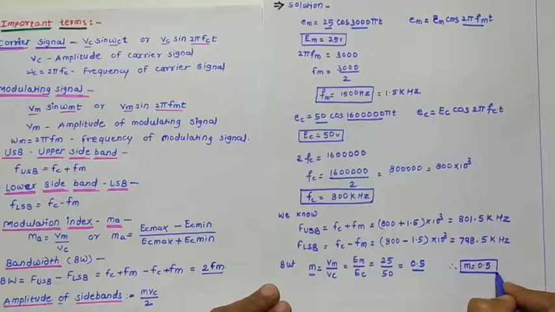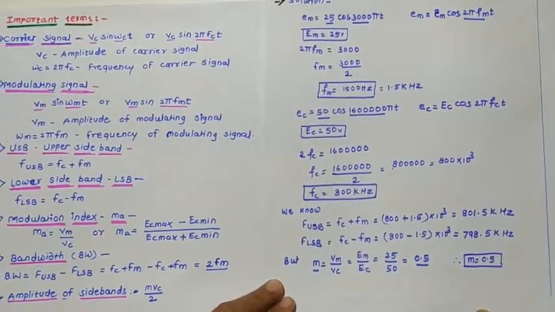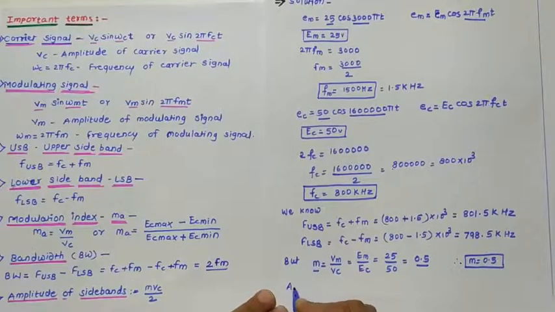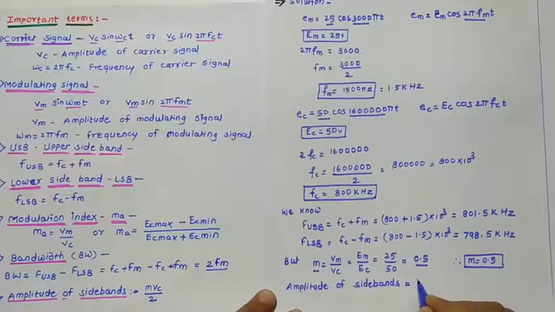Okay. Now we have to find out the amplitude of sidebands. What we have to find out? Yes, amplitude of sidebands is equal to M Ec by 2.